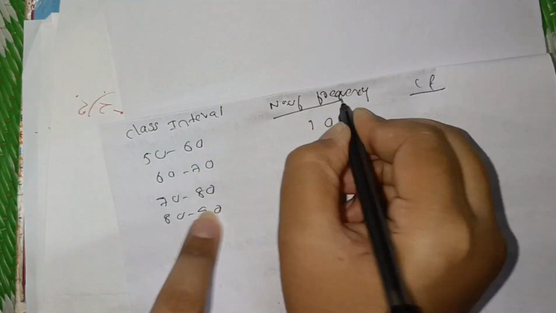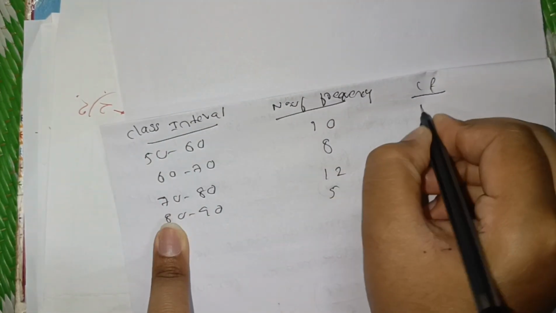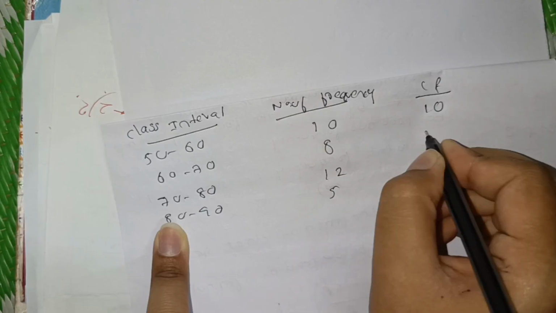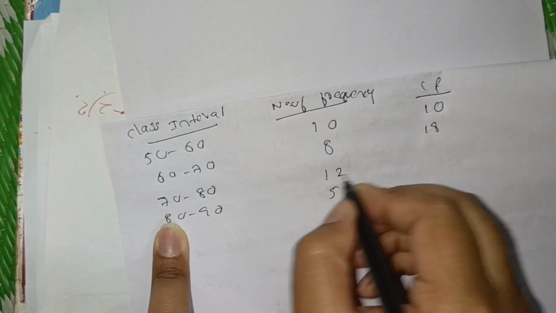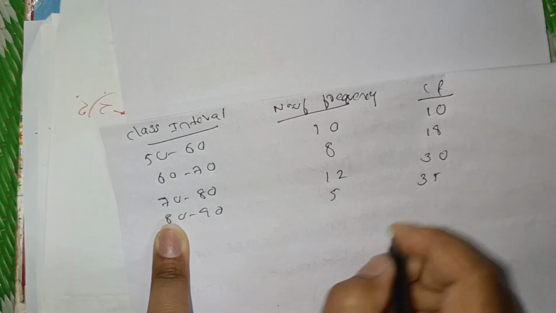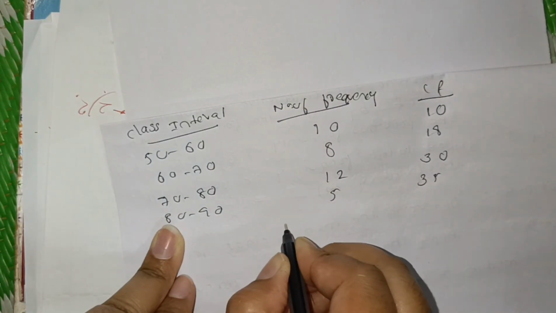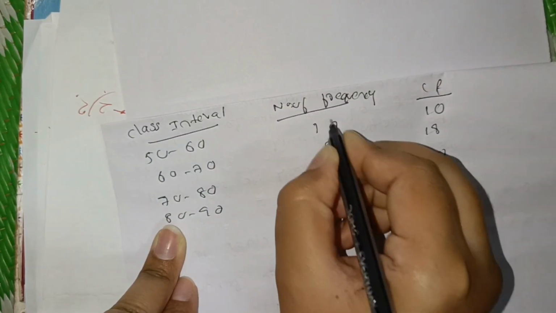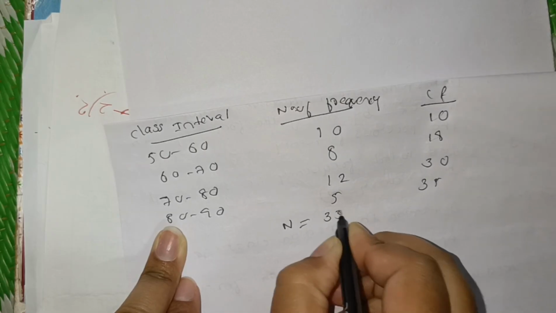Cumulative frequency, initially take the value as 10, add 10 with 8, 18, 18 plus 12, 30, 30 plus 5, 35. To calculate the total frequency, add all these, you will get 35.